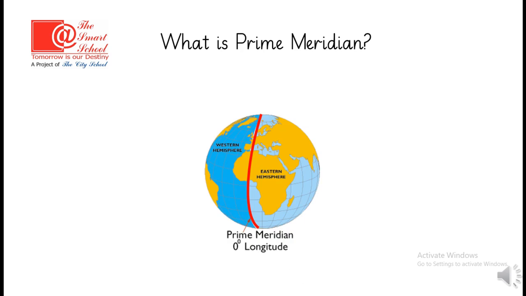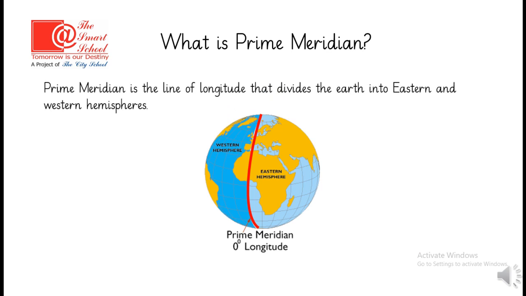What is prime meridian? Prime meridian is a line of longitude that divides the earth into eastern and western hemispheres. You see, this is the line of prime meridian. It divides the earth into eastern hemisphere, this is all eastern hemisphere and this is all western hemisphere.